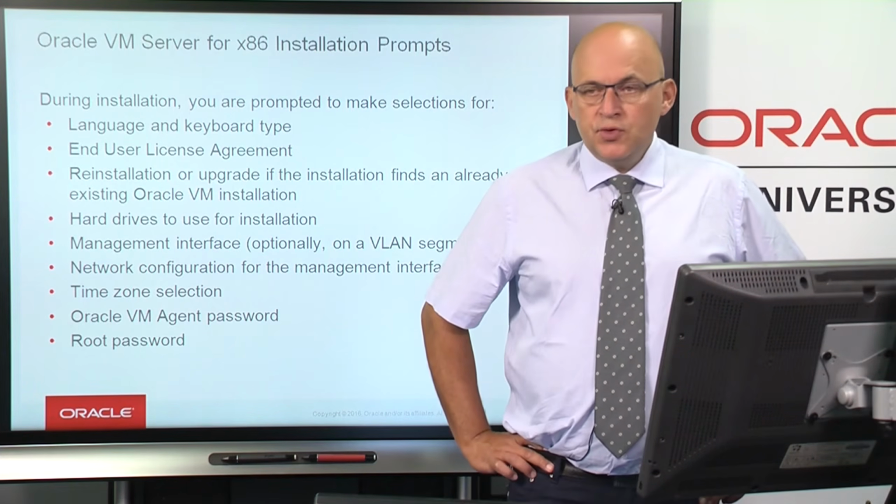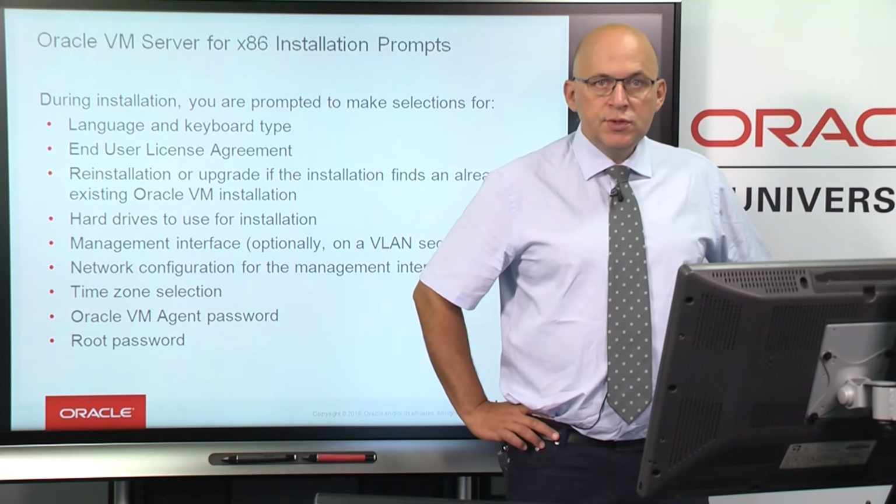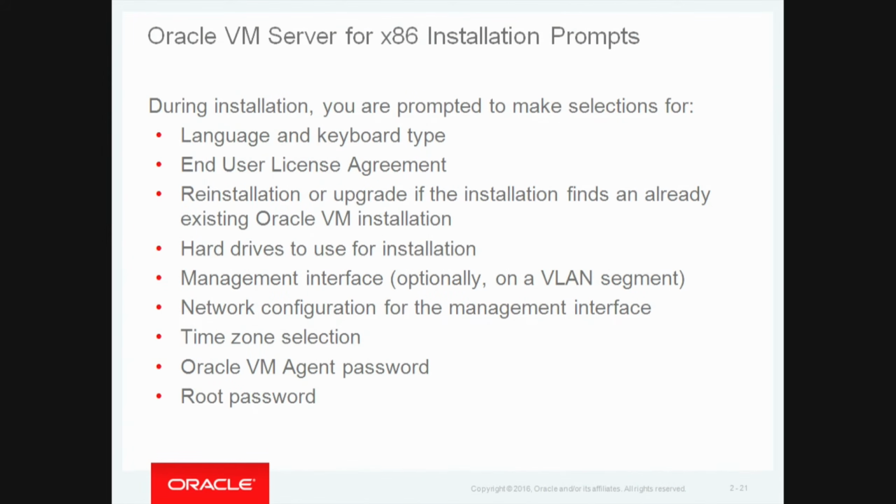You have to choose only one hard drive where the installation will be done, and then of course you have to tell what will be the management interface or the VLAN segment that the product will configure. You have to select the time zone, and you have to provide passwords for the Oracle VM agent and for the root user.